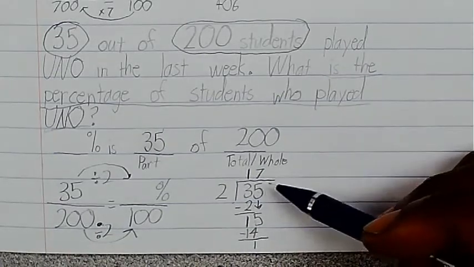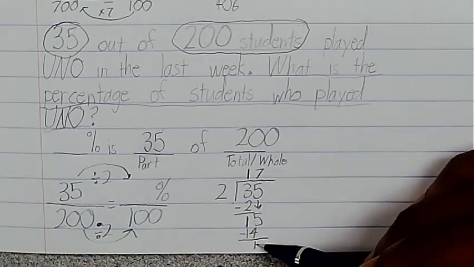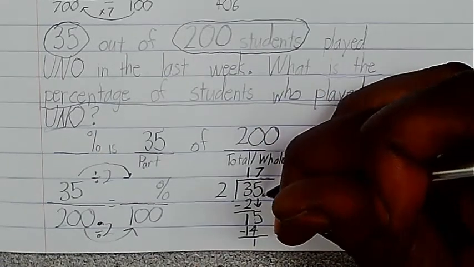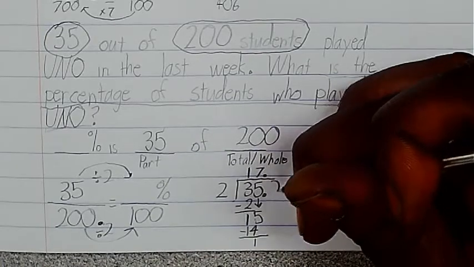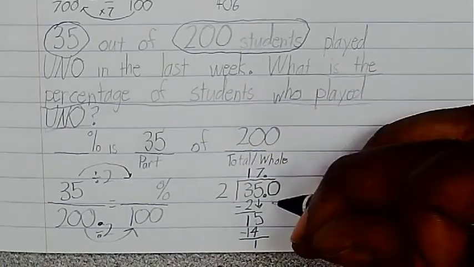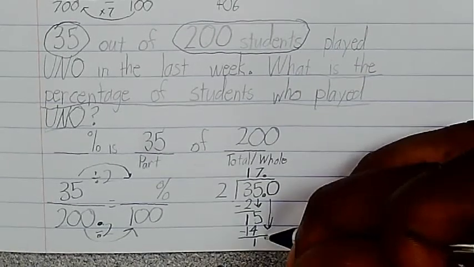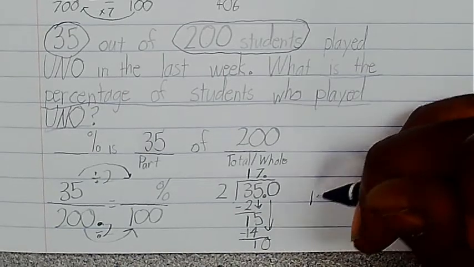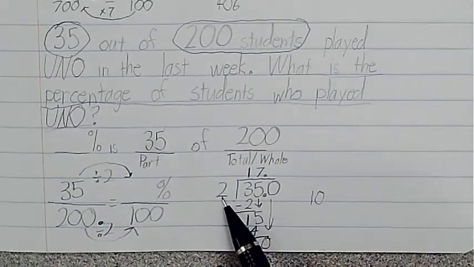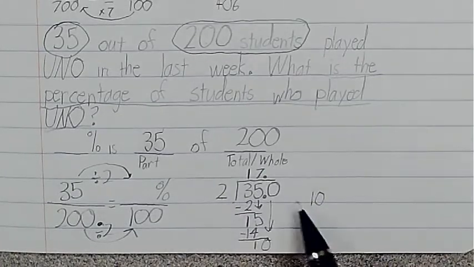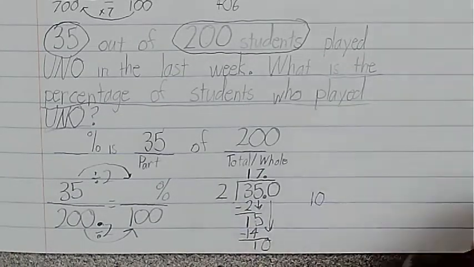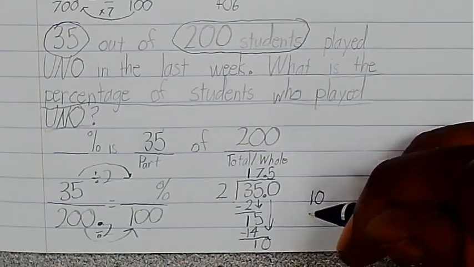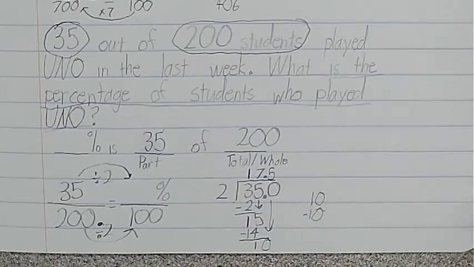But we cannot continue with a remainder because we're looking for a percent. So that means we're going to have to add a decimal point, add a 0, and bring it down. And I ran out of space, so I'm just going to bring this over here. We can subtract 10. We can put 10 into groups of 2 5 times. 5 times 2 is 10, minus 10 equals 0.